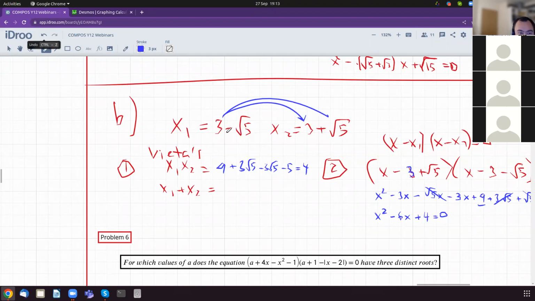So we just add them, and you can see the square root cancels, and we got 6. And we know that x squared plus b over a x plus c over a is 0. So x squared minus 6x plus 4 equals 0. Okay, same equation.